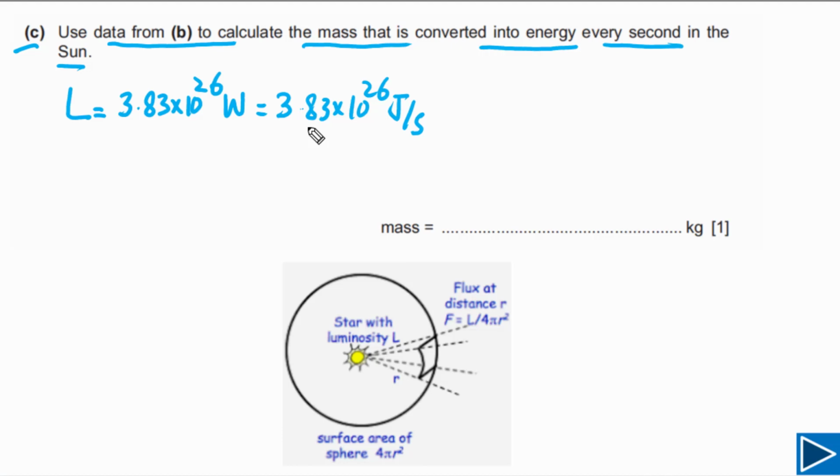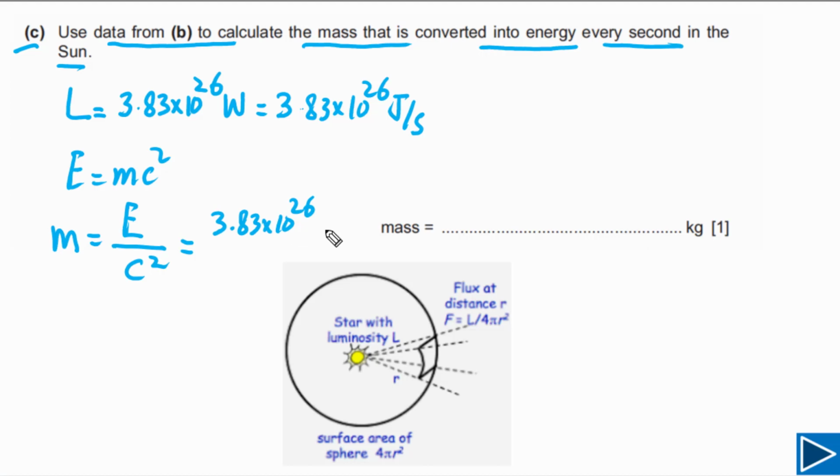Now we need to find the mass converted into energy. So we have to use E equals mc squared. We have energy, and we have to calculate mass. So mass is equal to E over c squared. The value of E is 3.83 times 10 to 26 joules per second, divided by 3.00 times 10 to 8, squared.